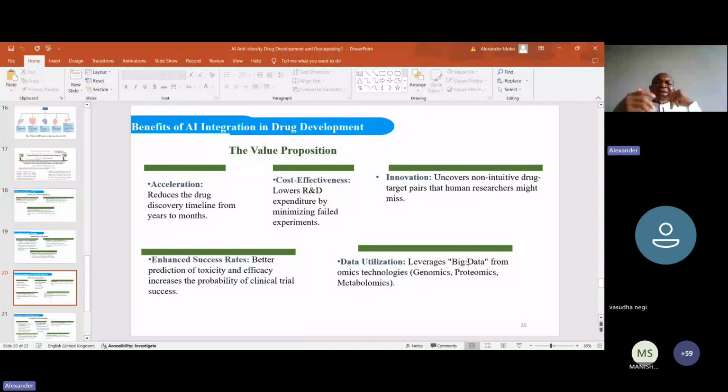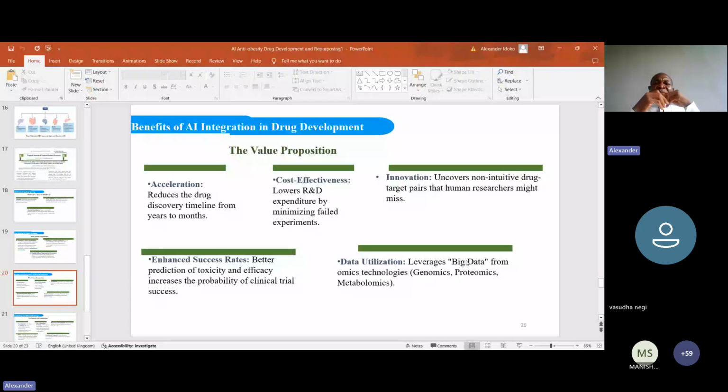And then it enhances success rates because there is better prediction of toxicity and all that. And then also data utilization, because it leverages big data from omics technology that includes genomics, proteomics, and metabolomics.